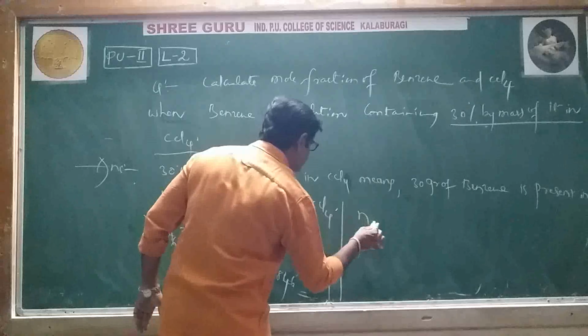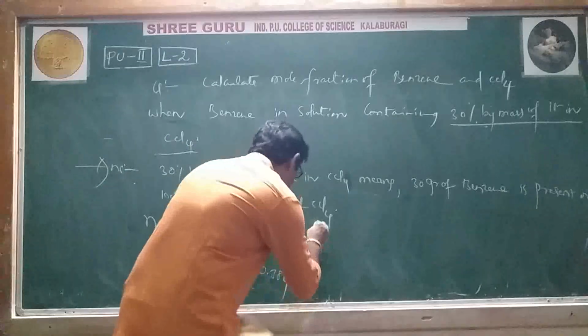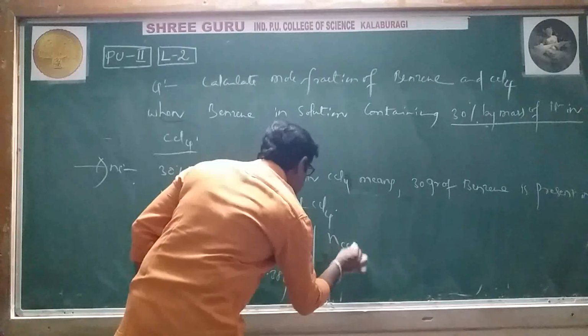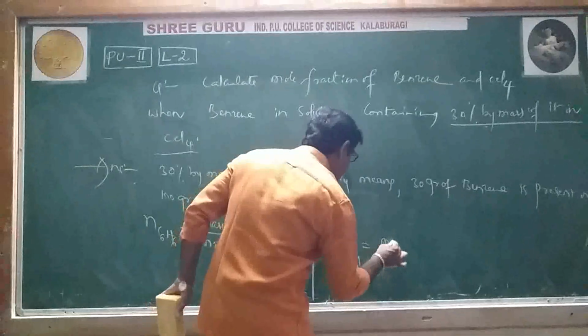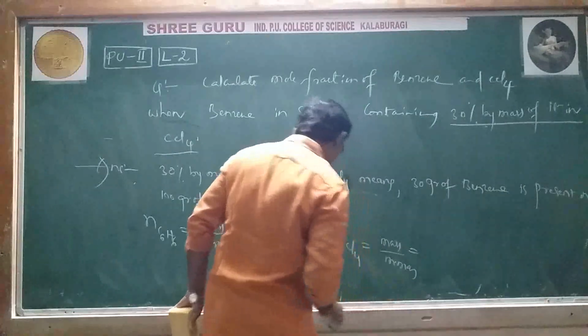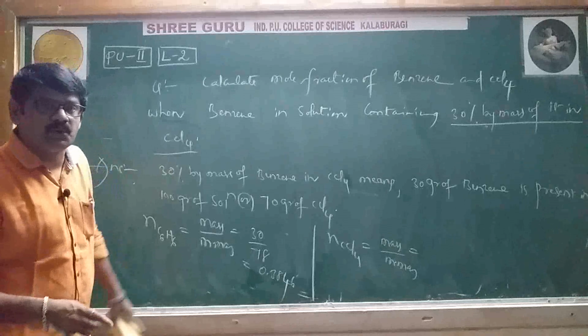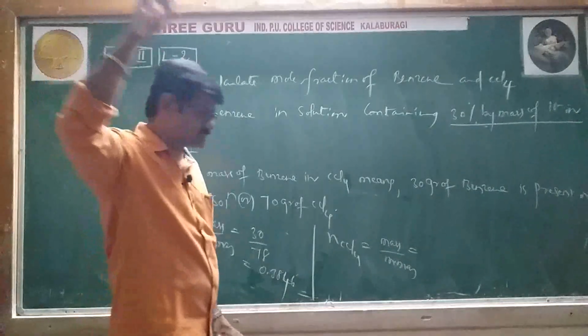Exactly. The number of moles of carbon tetrachloride also we will calculate. Same, mass by molar mass. Mass of carbon tetrachloride: don't write 100, 100 is the solution mass.